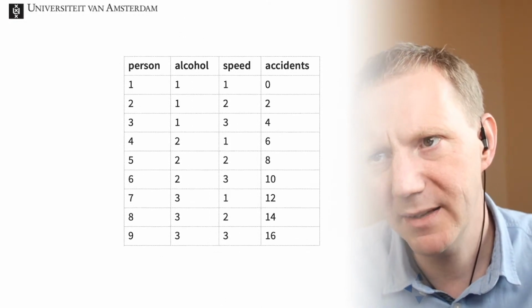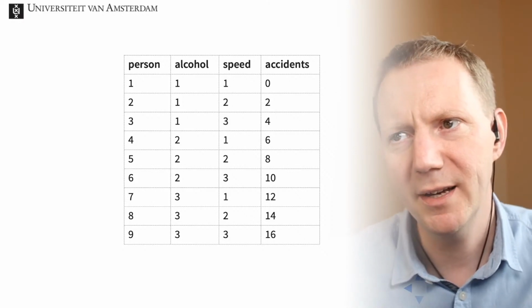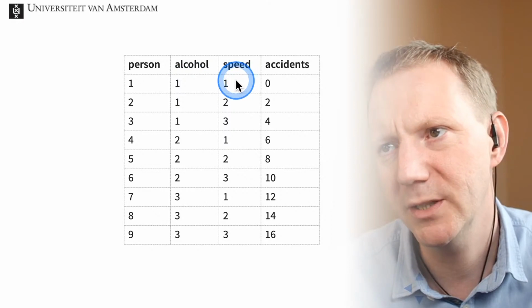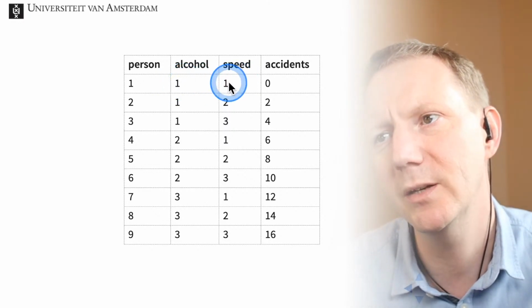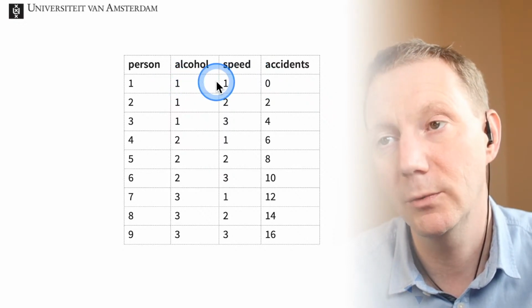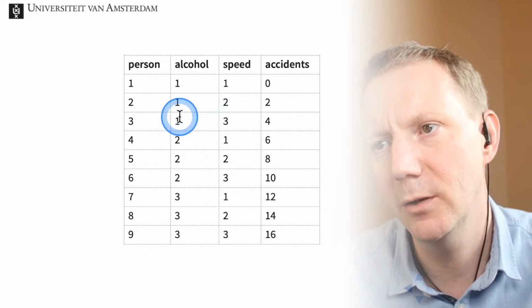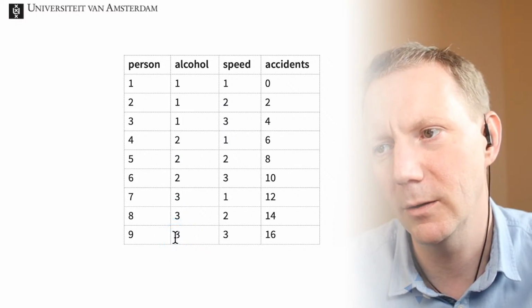So that means that the total amount of permutations is 9, because you could be someone in the 0 alcohol, 0 speed condition, or the alcohol condition 1 and speed condition 1. You could have no alcohol, a bit of speed, no alcohol, a lot of speed, up until a lot of speed and a lot of alcohol.